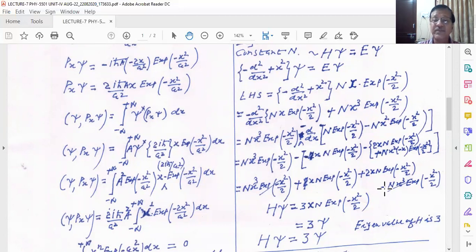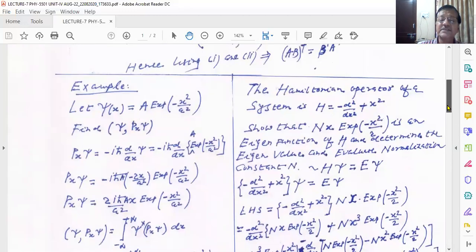So you see these two terms cancel each other and ultimately you get 3xn exponential of minus x squared by 2. And this xn exponential minus is basically the wave function. So right, and that is why this is psi which is given to you.